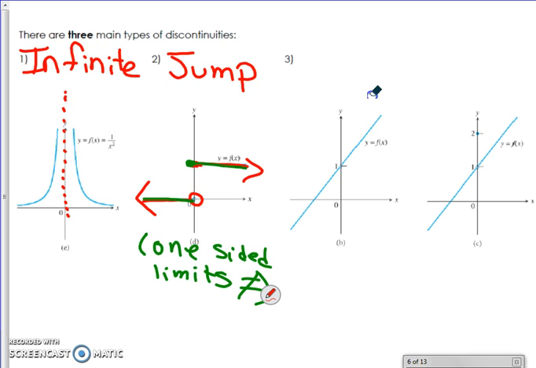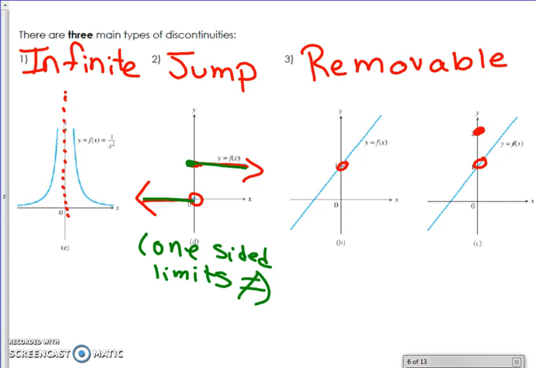And then the third type of discontinuity we have is called removable. And again, that word may look familiar from that activity from last class. Okay, removable. And so removable discontinuity, I have two pictures here. These are both examples. So notice on this graph, there is an open circle there, and there is no filled in point. And then on this graph, there's an open circle there and a filled in point.